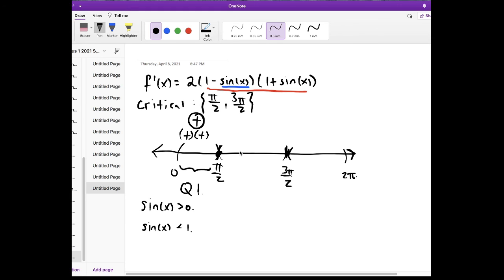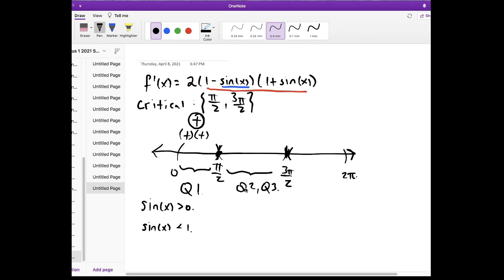Okay, so what is this quadrant or quadrants? What's going on between pi over 2 and 3 pi over 2? Yeah, this is 2 and 3. So sine is different in these quadrants, right?